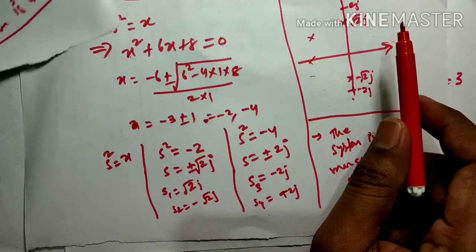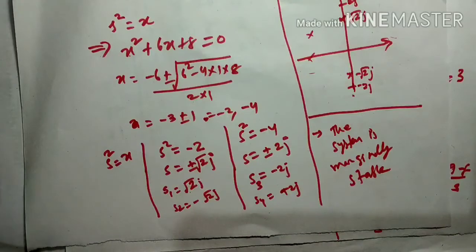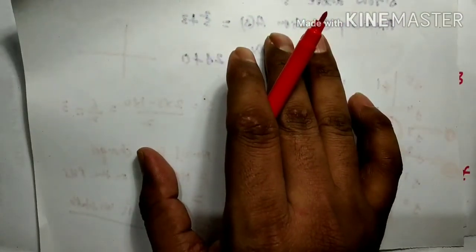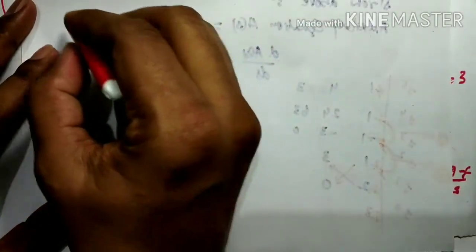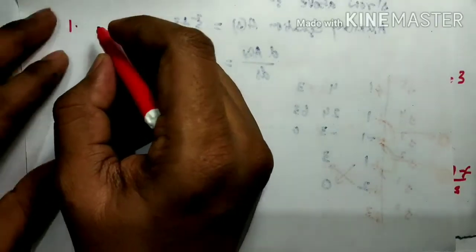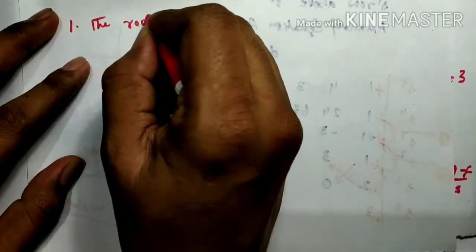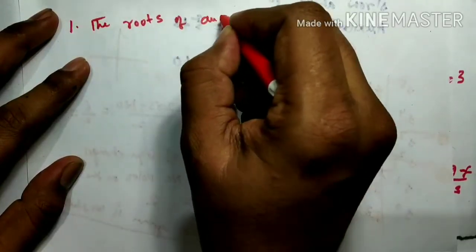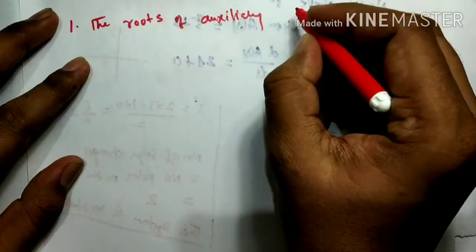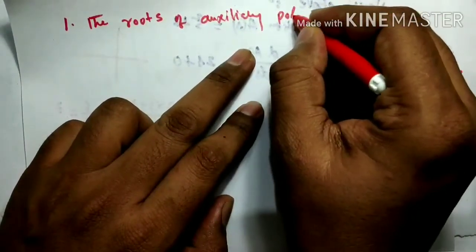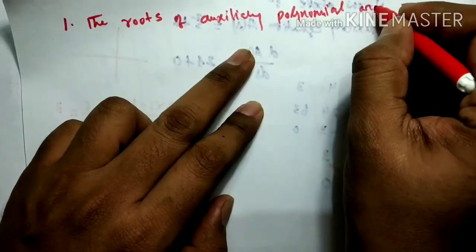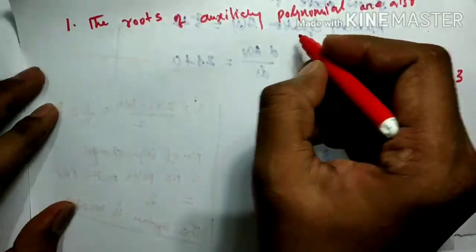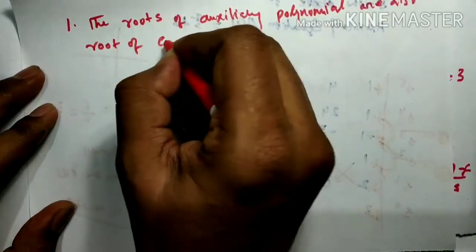So we write here the conclusion. My conclusion is the roots of the auxiliary polynomial are also roots of the characteristic equation.